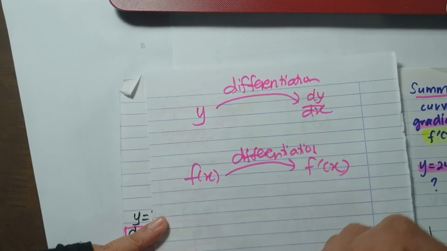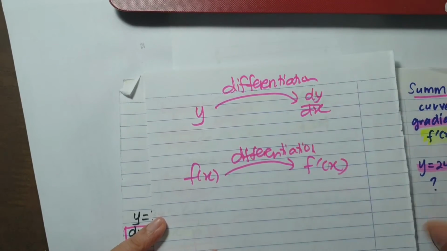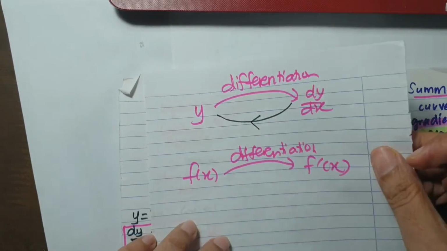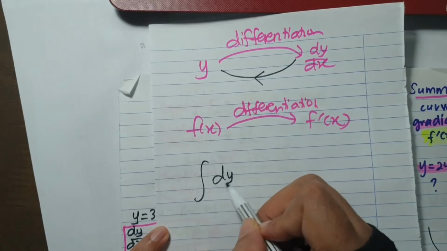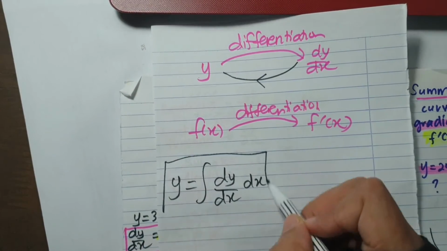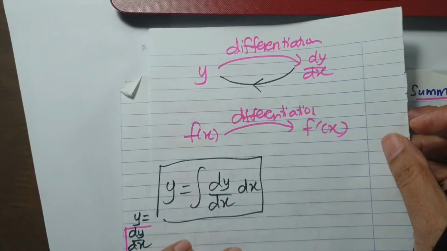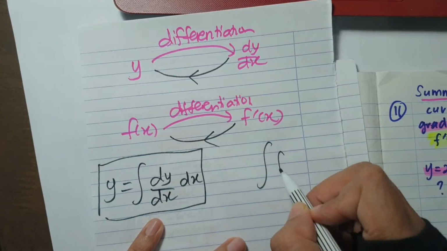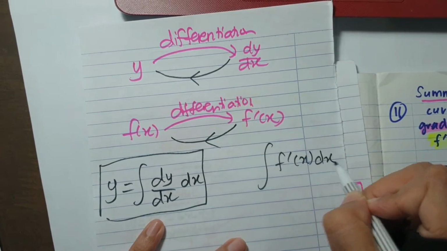So, if we have dy by dx, you can find y. So, integrate dy by dx, you akan dapat y, where y is actually the equation of the curve. Or, if you have f prime x, integrate f prime x with respect to x.